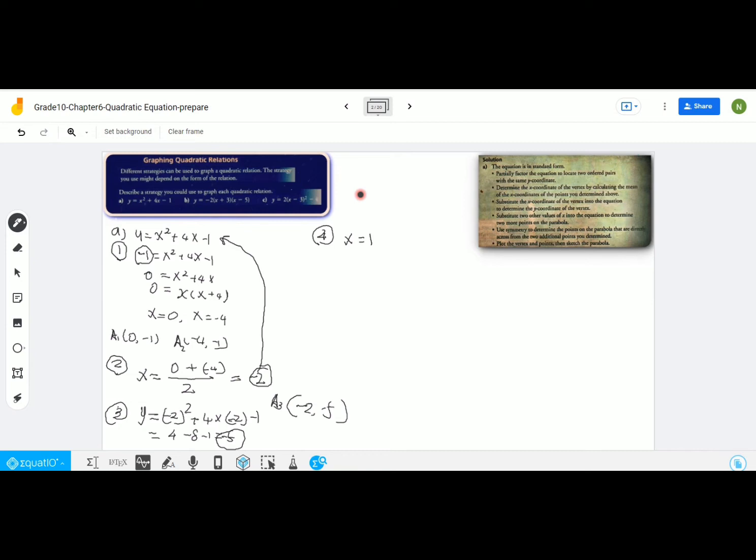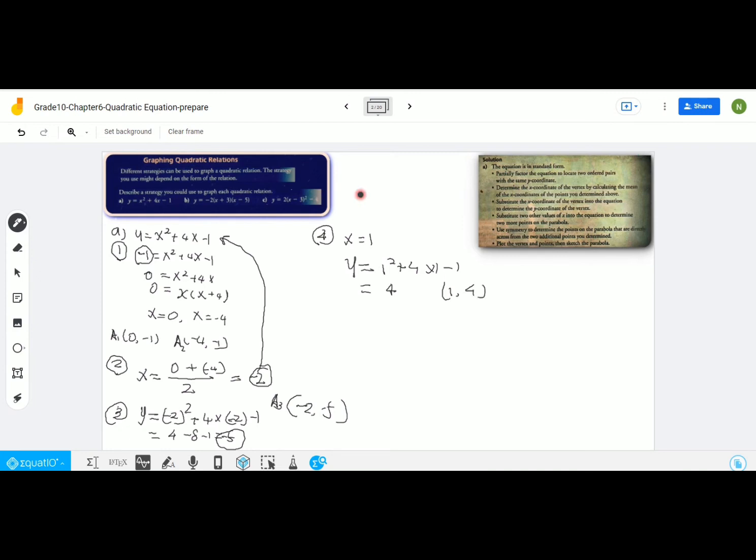So we substitute x equals 1 into the relation: y equals 1 squared plus 4 times 1 minus 1, and 1 plus 4 is 5, 5 minus 1 is 4. So we get another point on the parabola, 1, 4.